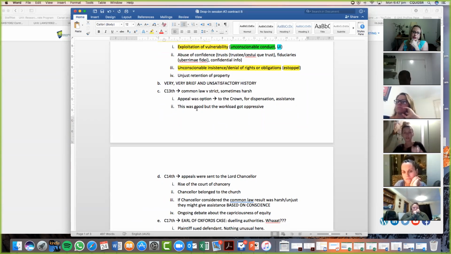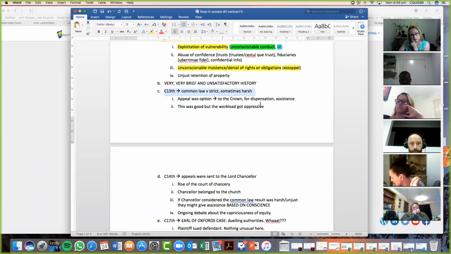The only difficulty is that the laws, I guess, wish to evolve in a fairly reliable and predictable fashion, it became extraordinarily strict. And sometimes the results that you ended up with in the common law courts were quite harsh.